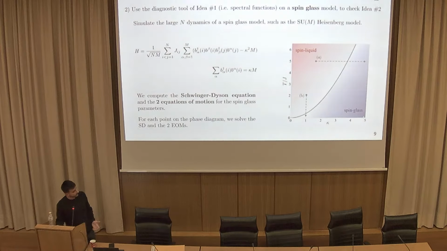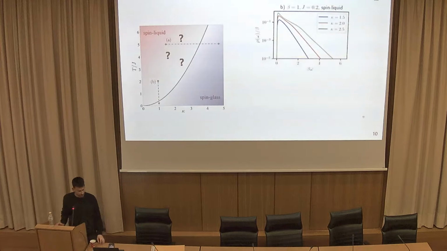That was quite a painful procedure. We had to start from the spin liquid phase and adiabatically move and cross the transition line to the spin glass phase. So, I can show you some of the results for that specific model.